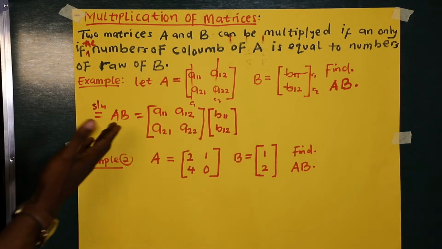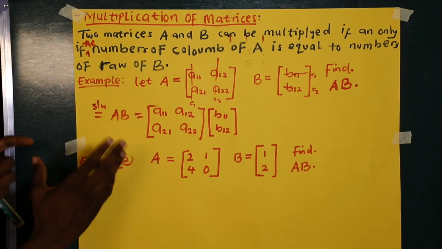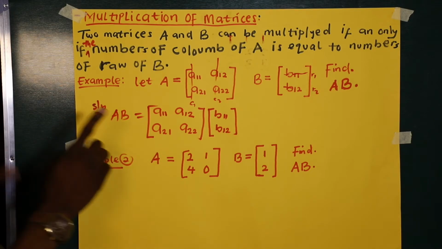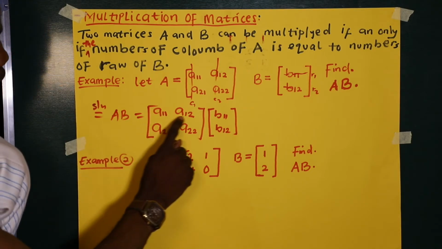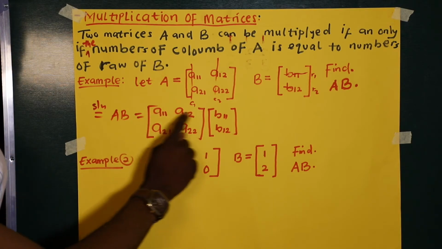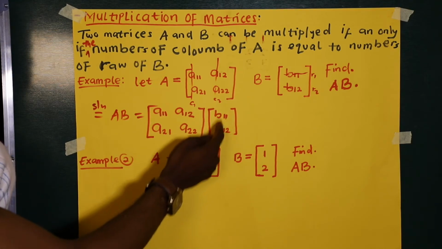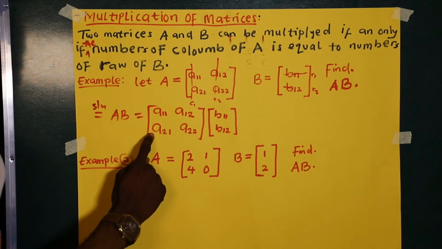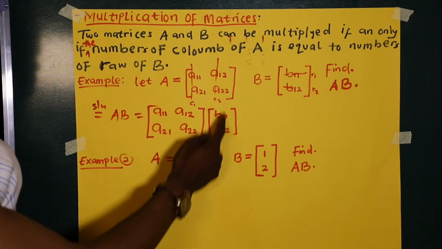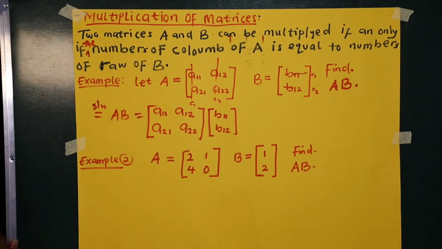So, in multiplication of matrices, what we consider is, first, when you take one row of the first matrix, you will multiply it with the columns of B. Then you come again, carry the next row of the first matrix and multiply it with the matrix of B.